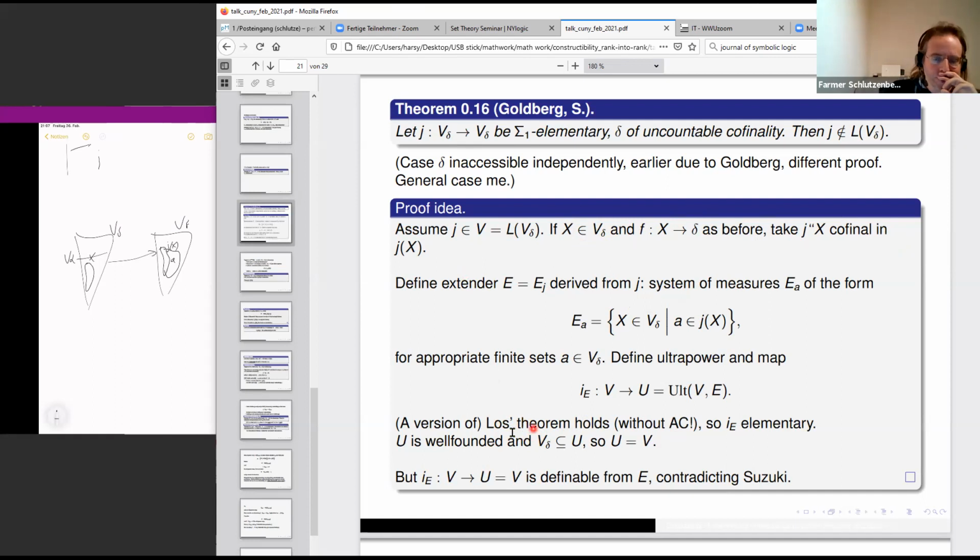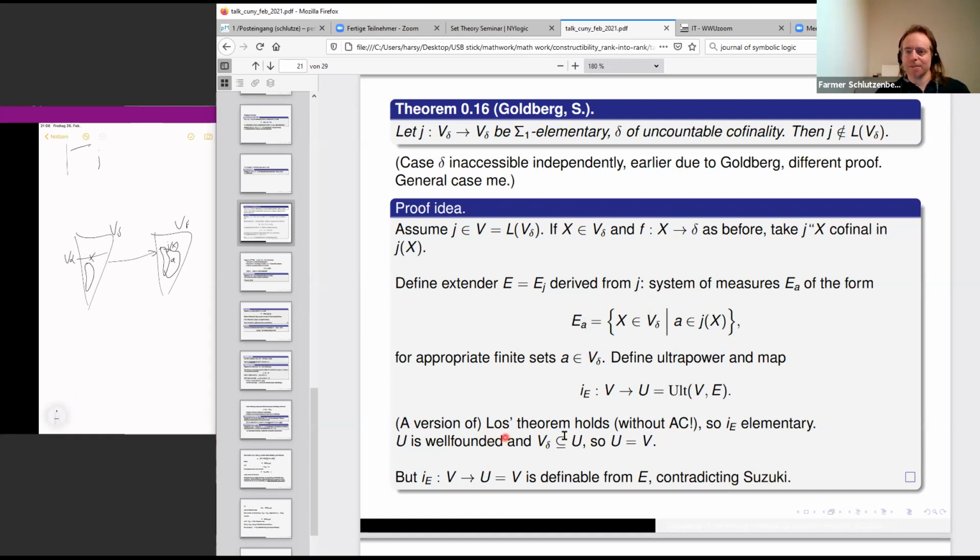I say a version of here, so it depends exactly how you state it. You get Walsh's theorem for the extender, but as I recall, the proof doesn't seem to give you Walsh's theorem measure by measure. If you just did the ultrapower of EA by itself, maybe it factors in, I don't know. Anyway, I think there seemed to be some difficulty if you wanted to do it measure by measure.